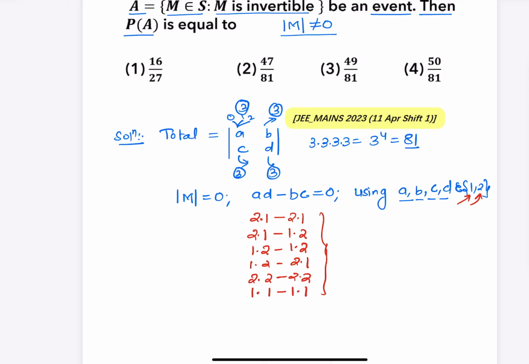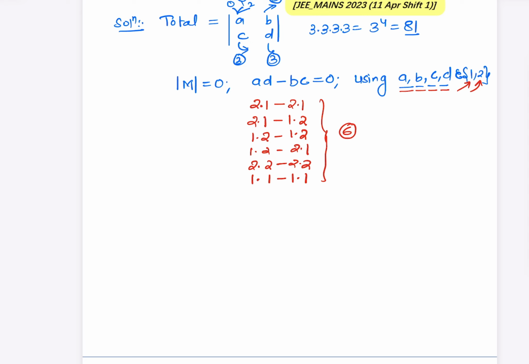So in this case, when we are not using 0, there are 6 such matrices. Now if we use 4 zeros, we can write the matrix as 0 0 0 0. So there is one such case.